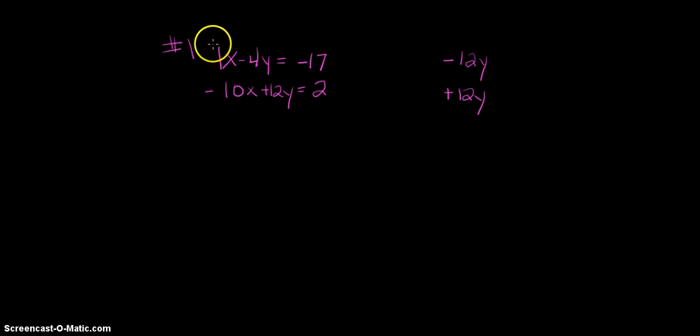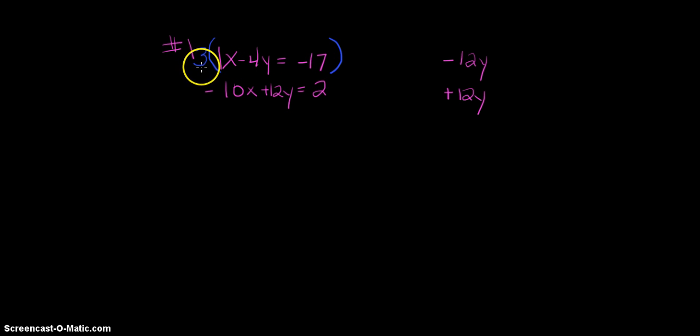So I got to ask myself, what can I do to that negative 4 so that I can get a negative 12? And the answer is to multiply by a positive 3. All right, and you're not just multiplying the 4y by 3, you're also multiplying the 3 times 1x and the 3 times the negative 17 as well.